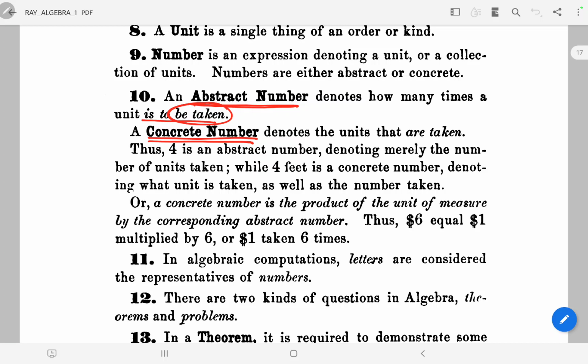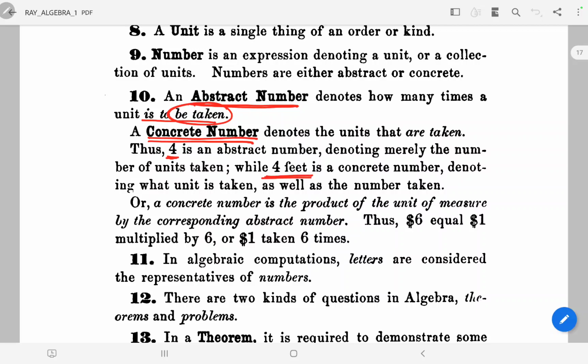So an abstract number simply tells us how many. A concrete number tells us how many what. 4, as an example, is an abstract number. It denotes merely the number of units taken. 4 is an abstract number, the number by itself, taken away from the material, taken away from the unit of measure. 4 feet. 4 feet is a concrete number because it tells us how many and what. 4 feet.